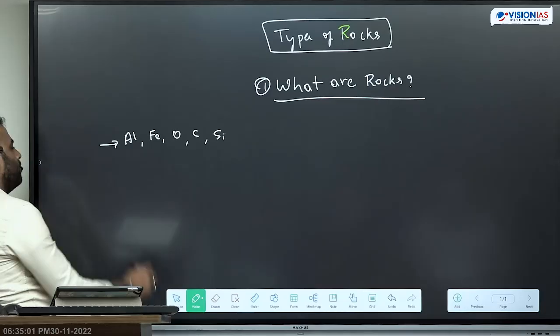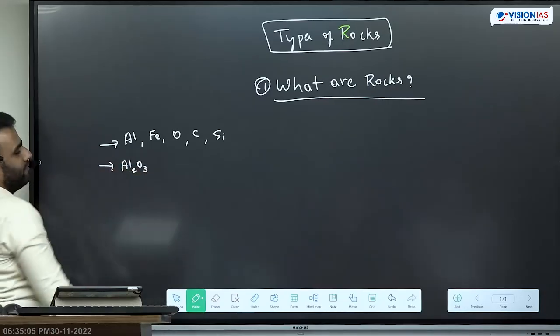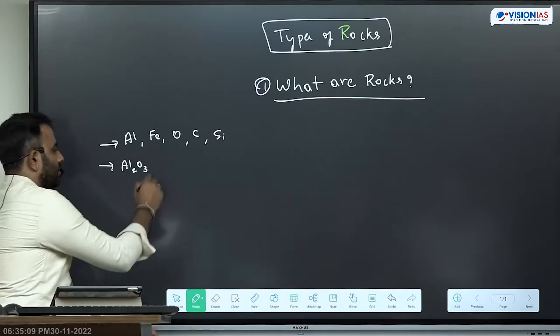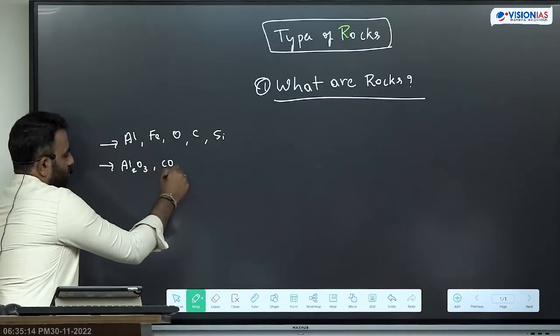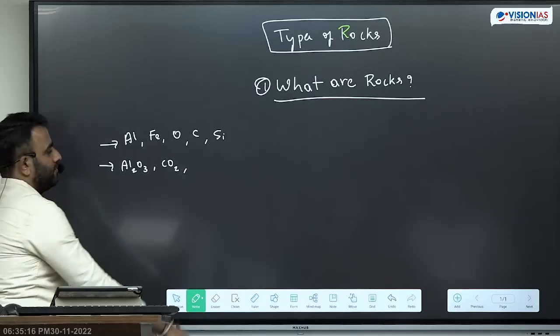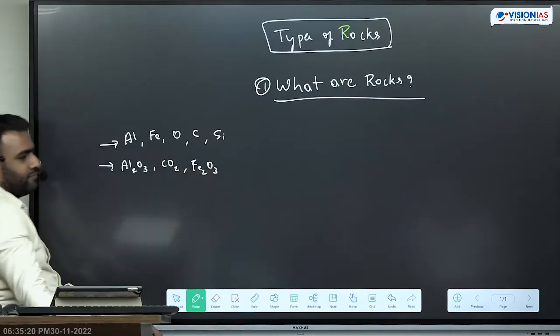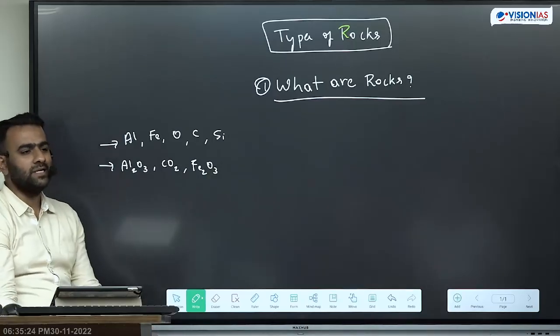The stable compounds, for example, Al2O3, aluminium oxide. CO2, Fe2O3, ferrous oxide. So like this, they exist in compounds.